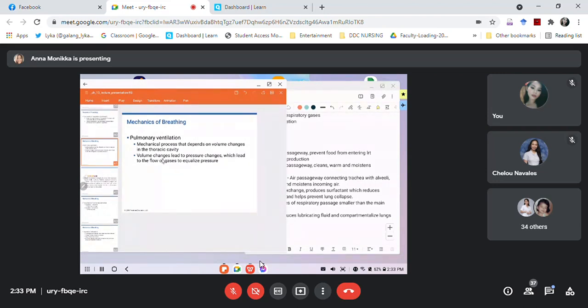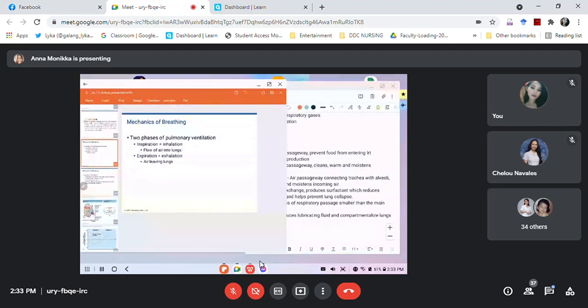I'll give you this diagram. So, guys, you have two phases of pulmonary ventilation.